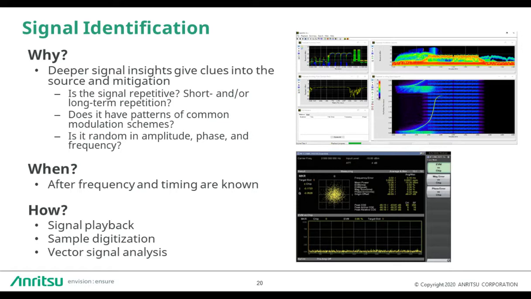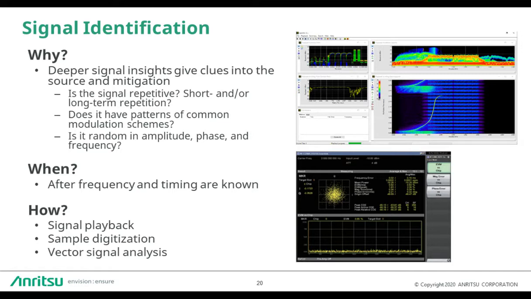In some cases, all you care about is that there's an interferer and you want to stop it. If that's good enough for your application, then typically signal identification is not something you need to worry about. But signal identification can be important, especially in nefarious cases when you're trying to identify what that interference is. It can also be a valuable tool in cluing you in on how to find that signal or where it is.